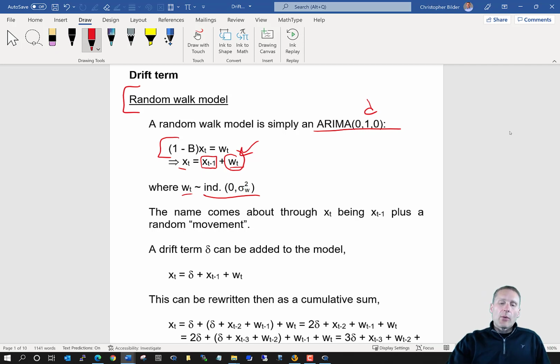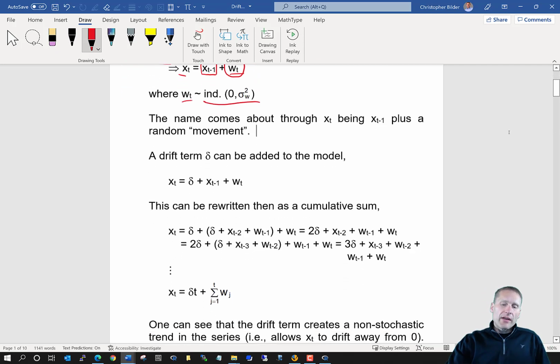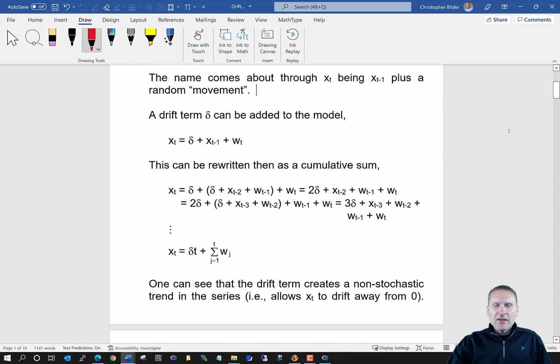Okay, so this is what is sometimes needed when you have a situation like this. Rather than just having that plain ARIMA(0,1,0) model, an extra term called a drift term is added.